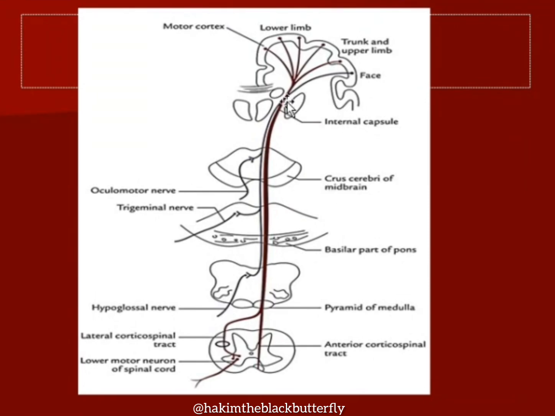So this is the pyramidal tract, made up of the corticospinal and the corticobulbar. Motor impulses through the corticobulbar go to cranial nerves, and motor impulses through the corticospinal go to the rest of the nerves of the body.